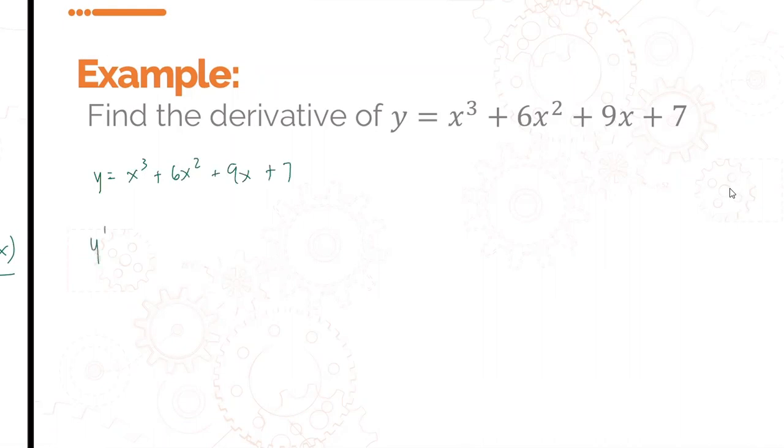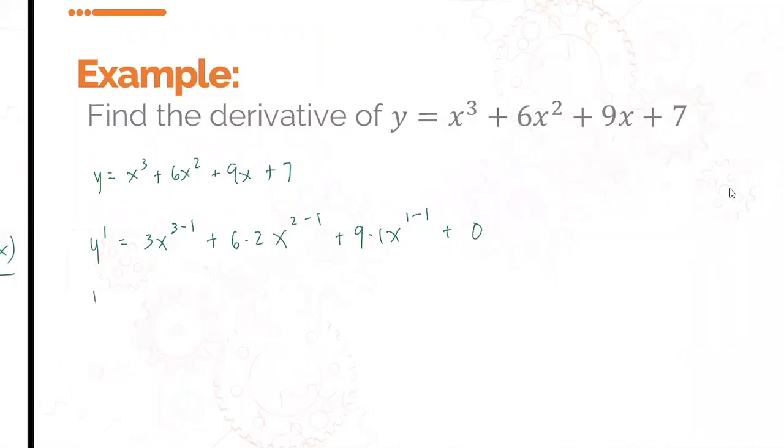So, we have y prime is equals to 3x to 3 minus 1 plus 6 times 2 x to 2 minus 1 plus 9 times 1 x to 1 minus 1 plus derivative of constant is 0.